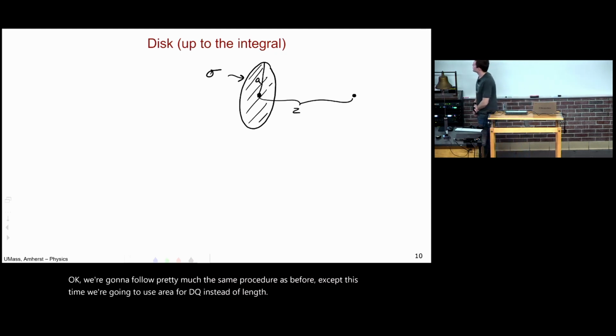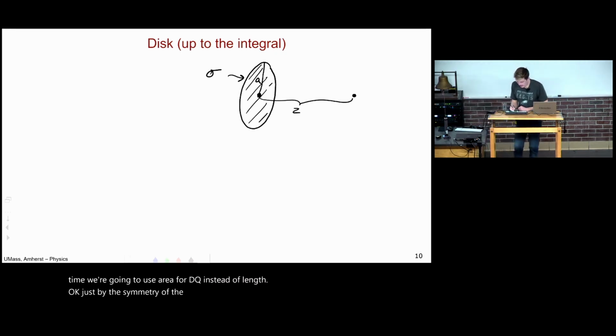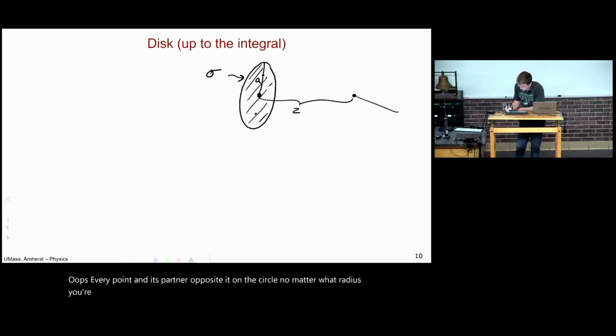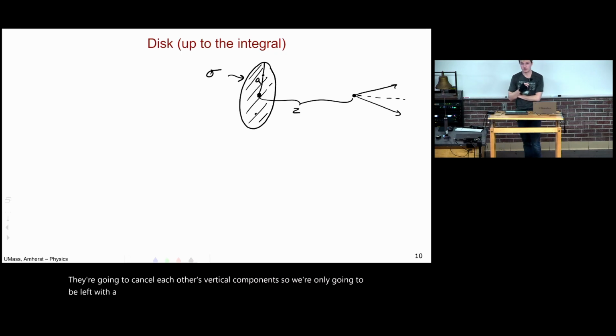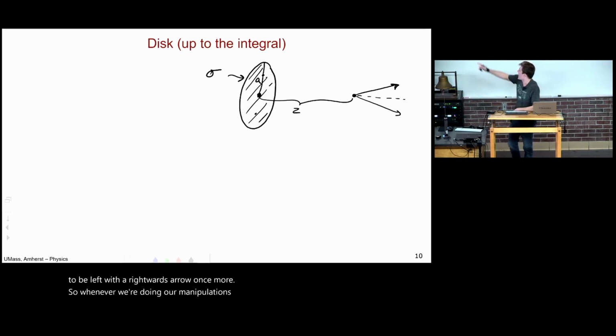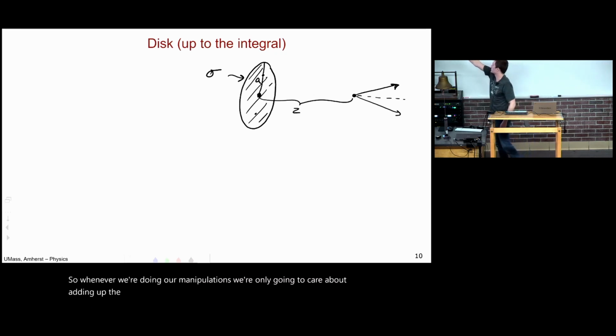Okay, just by the symmetry of the problem, again, every point and its partner opposite it on the circle, no matter what radius you're at, they're going to cancel each other's vertical components, so we're only going to be left with a rightwards arrow once more. So whenever we're doing our manipulations, we're only going to care about adding up the horizontal components of the little dE arrows.